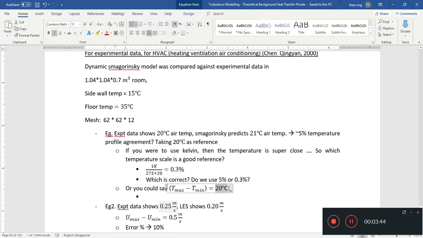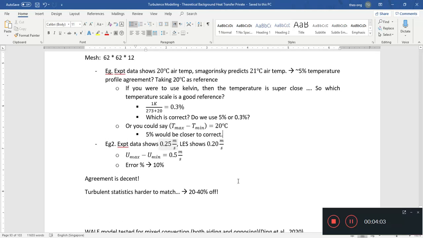So this is 20 degrees, whether you use the Kelvin scale or the centigrade or Celsius scale. So 5% would be closer to correct. Why am I saying this? Because sometimes it's very difficult to get these error measurements, especially when the measurements themselves are almost zero.